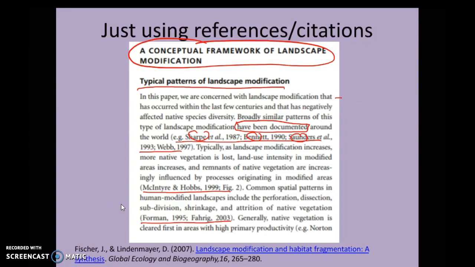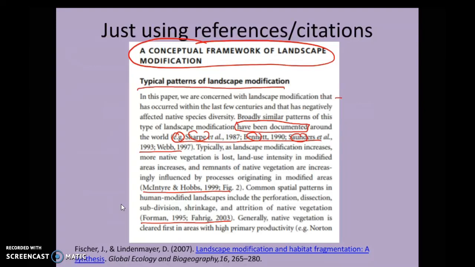That's a very common strategy, to use a verb like have been documented, have been researched, have been examined around the world, rather than saying so-and-so has examined it. It makes a general statement about this particular topic having been examined, or in this case documented, and then in parentheses, for example, it lists, in this case, four different articles or sources that have done that.